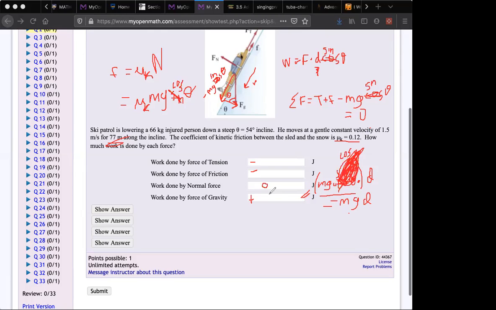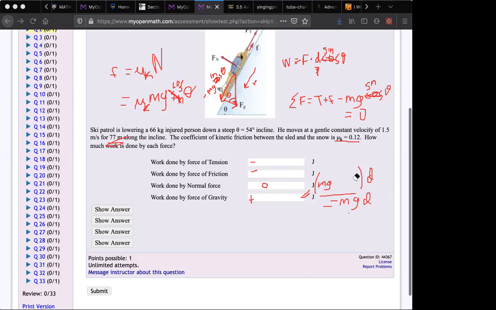Yeah, so the work done by the normal force, I did that one correctly because that's a different angle. That's not talking about this angle. That's talking about a different angle. Let me show you that really quick. So this right here is just the formula for the work done, right? Instead of the forces. These ones are all the forces, and you still have to multiply these forces by distances to get work down here.